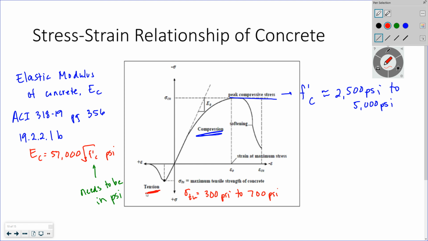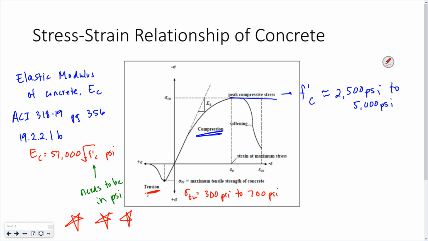So don't put 4 ksi, put 4,000 psi. This is very, very important to remember. PSI under the square root every time. Always PSI. Okay?